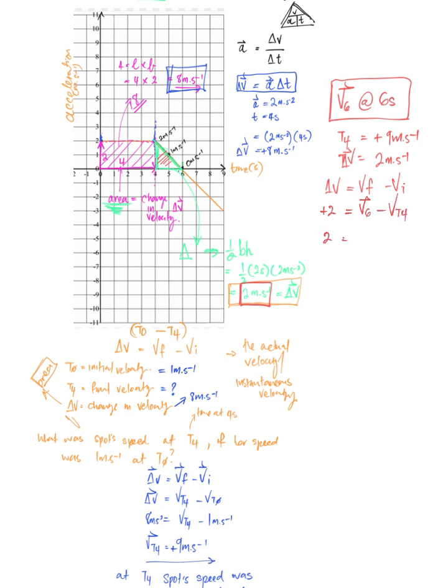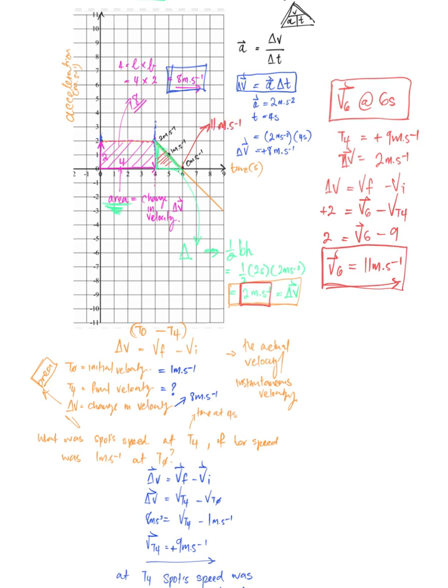So 2 is equal to V at 6 minus V at T4, which was 9. And if I take the 9 over, the velocity at 6 is then equal to 11 meters per second. Right, so that's that situation.